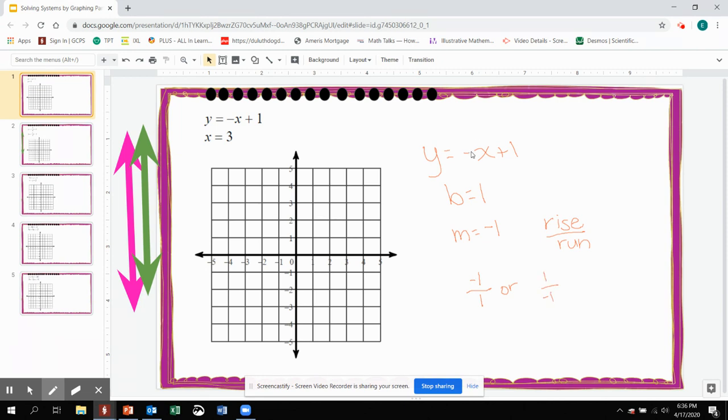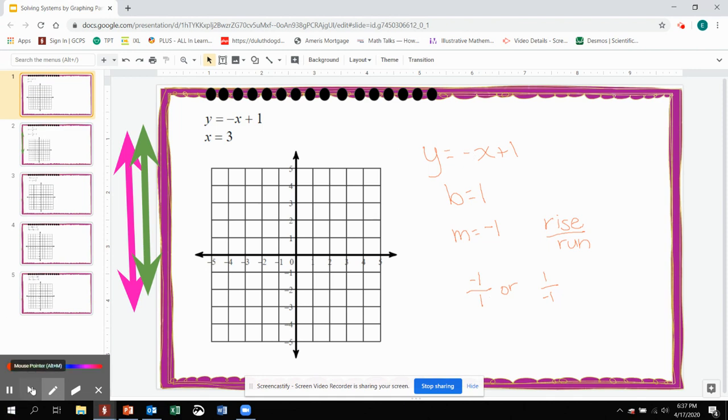This makes two equivalent fractions, because negative 1 divided by positive 1 gives me a slope of negative 1, and positive 1 divided by negative 1 still gives me a slope of negative 1. So even though these look different, they are actually the same thing.